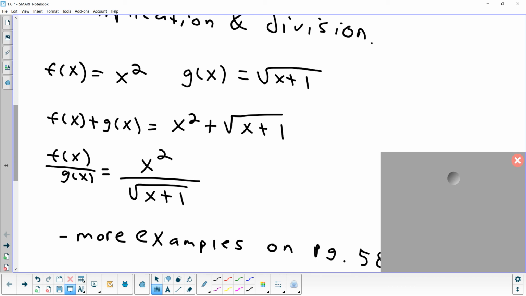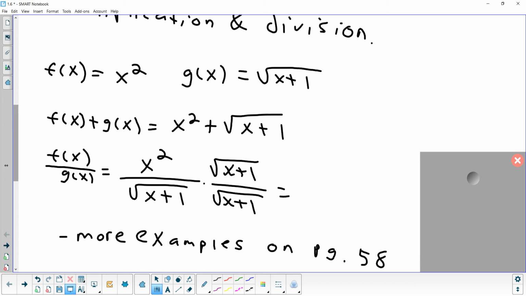So technically we should fix that by multiplying top and bottom by the square root of what's in the bottom. It's not going to get rid of the square root, it's just going to move it to the top. So the proper answer for this one, as much as we can rationalize and simplify it, is x squared times the square root of x plus 1.